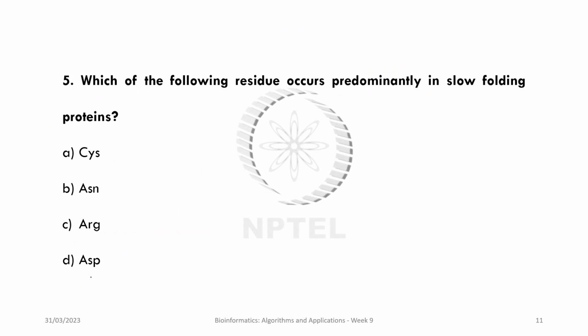Okay. Question 5. Which of the following residues occurs predominantly in slow folding proteins: cysteine, asparagine, arginine, aspartic acid. Slow folding, remember that.